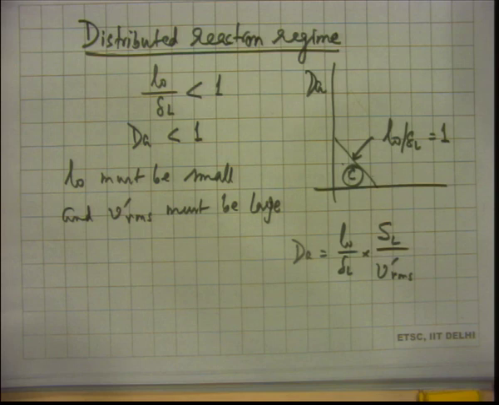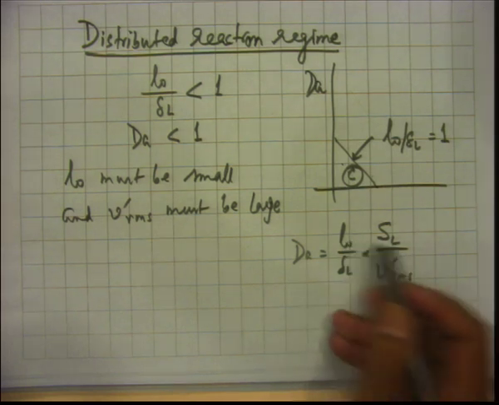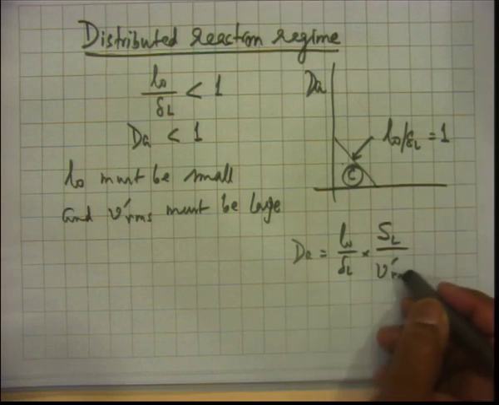So, if you have a small duct and if you have large velocities, you are likely to get the distributed reaction regime. Okay. Small duct size will ensure that L0 is small, and if you have large velocities with a lot of disturbance, then v prime RMS will be high.